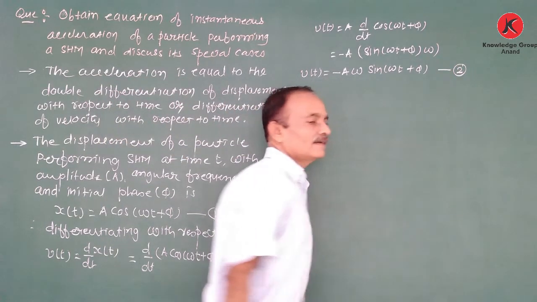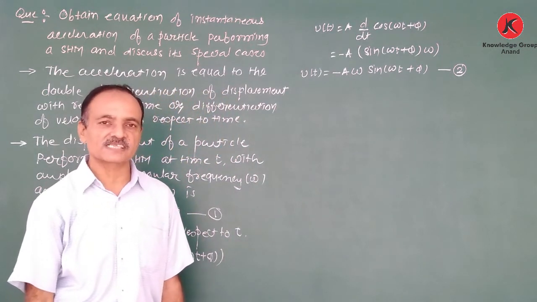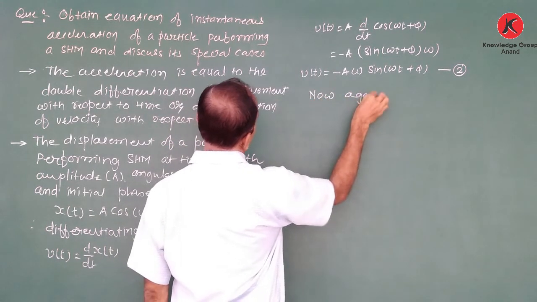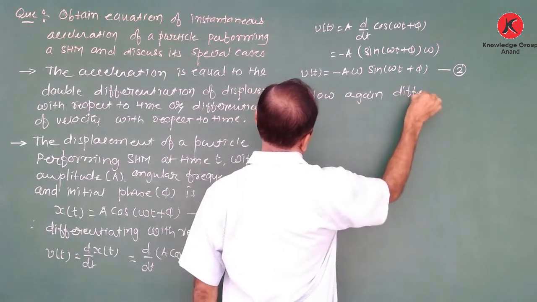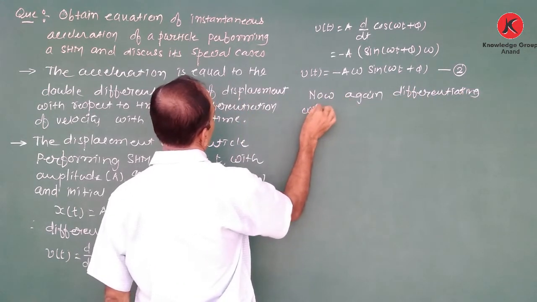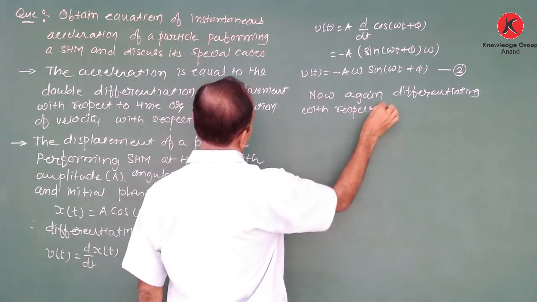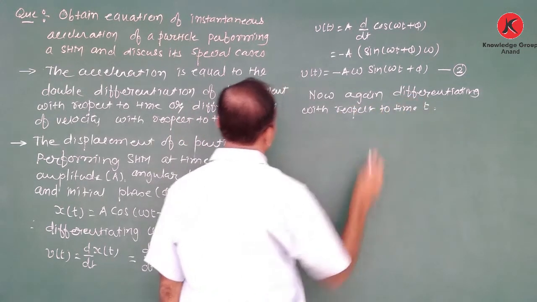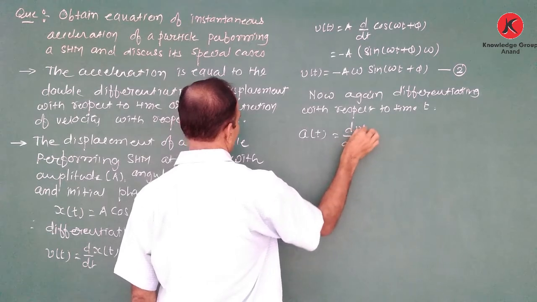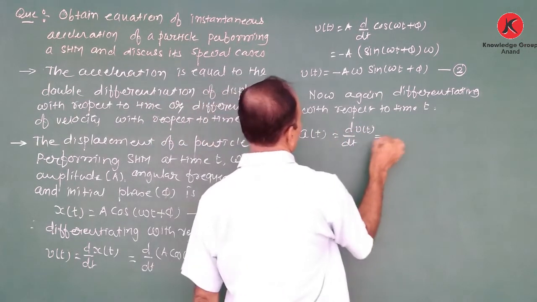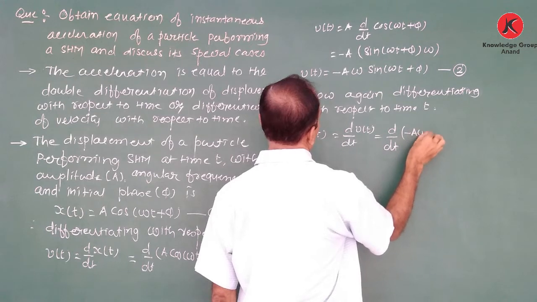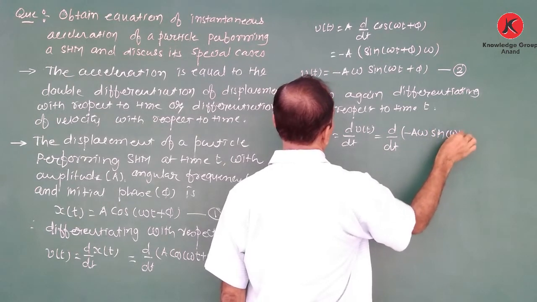But we require the equation of acceleration. Therefore, again we take the derivative of this function with respect to time. Again differentiating with respect to time, the acceleration a(t) is equal to d by dt of v(t), which is d by dt of minus a omega sine(omega t plus phi).